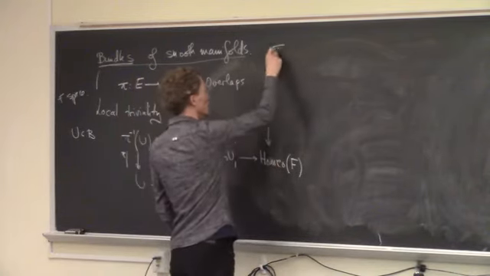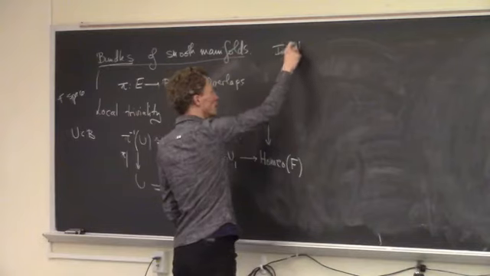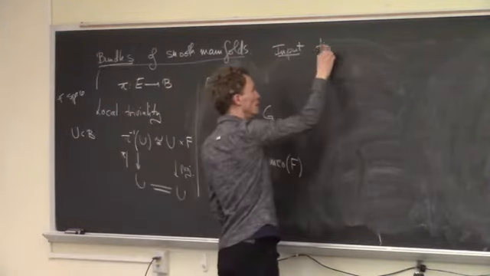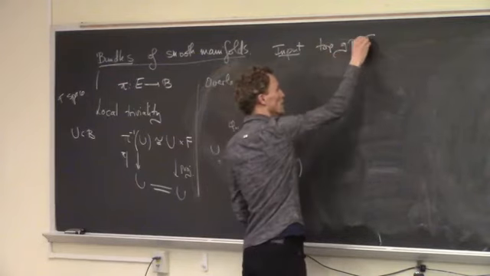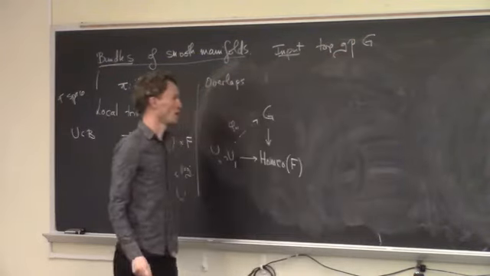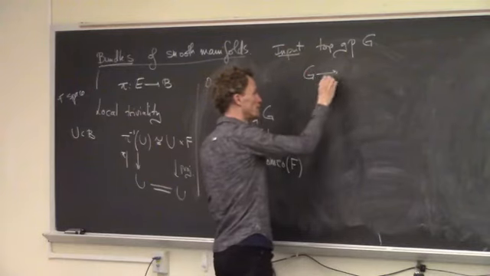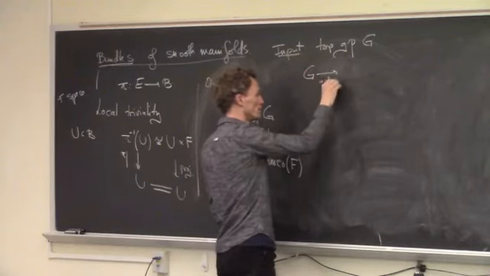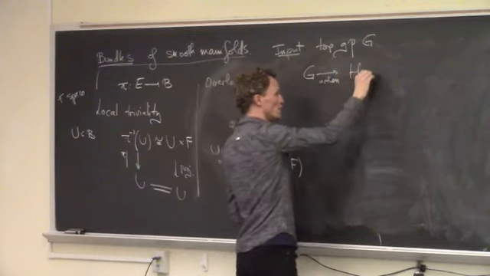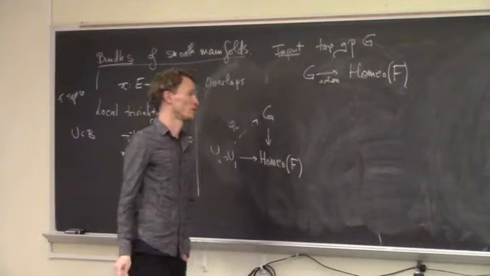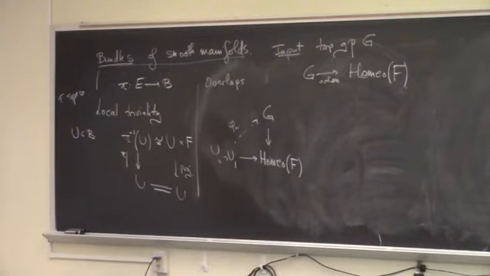So that's some input: an action of a topological group on F. An action should mean a continuous map to the group of homeomorphisms, the topological group of homeomorphisms of the fiber.